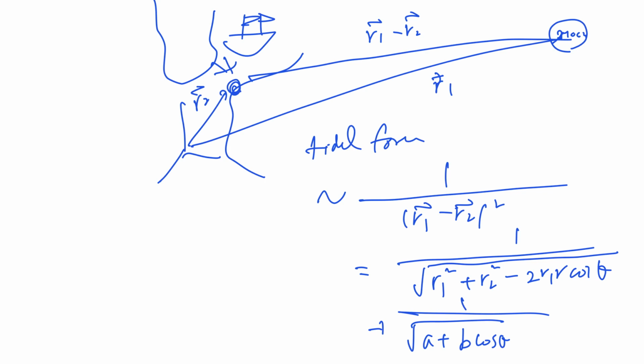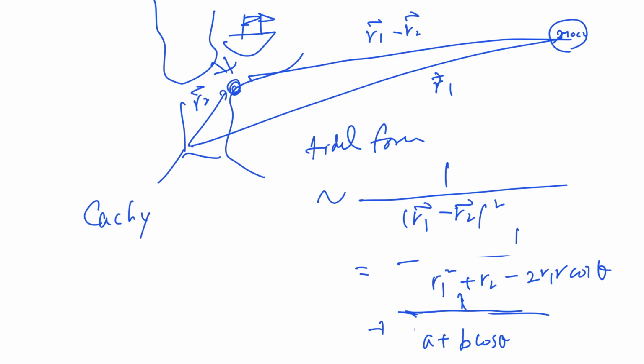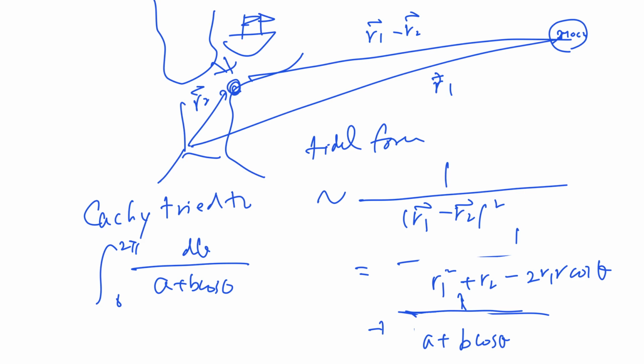Sorry, the force depends on the square, so you don't need this. So Cauchy simplified this tidal force formula into a very simple integral. So Cauchy tried to calculate the integral from 0 to 2 pi of A plus B cosine theta d theta. This is actually the tidal force.